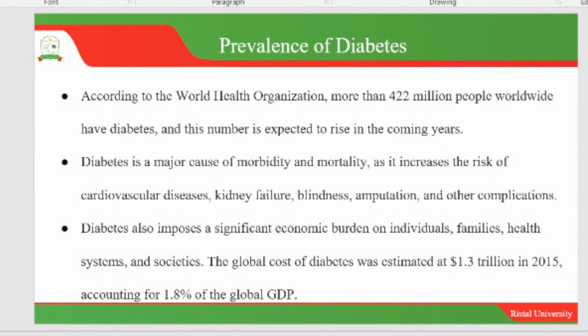The global cost of diabetes was estimated at $1.3 trillion in the year 2015, which accounts for around 1.8% of the global GDP. GDP stands for gross domestic product.